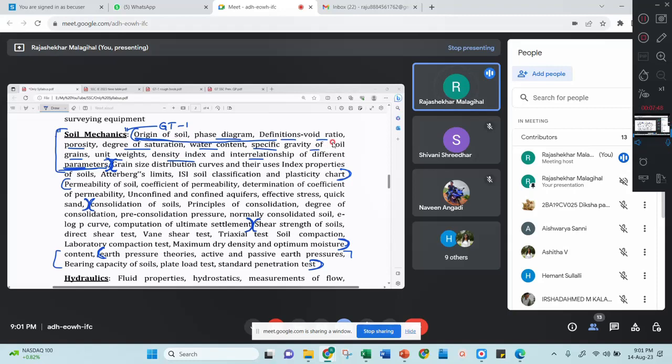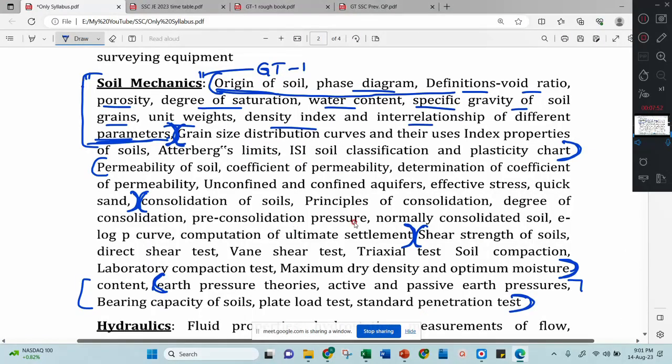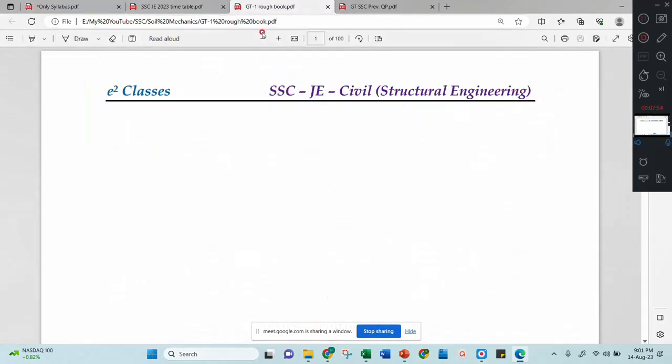Okay. Then we'll go ahead. We'll go very slowly now because that is least important. Origin of soil, only 1 mark they will ask. That's why it was very fast. Now we will go slowly.